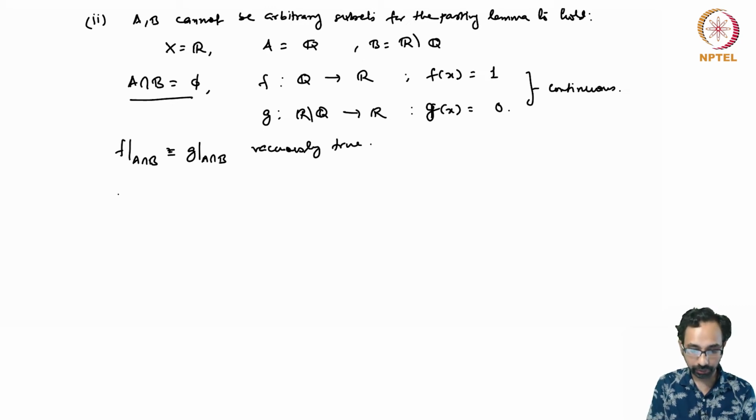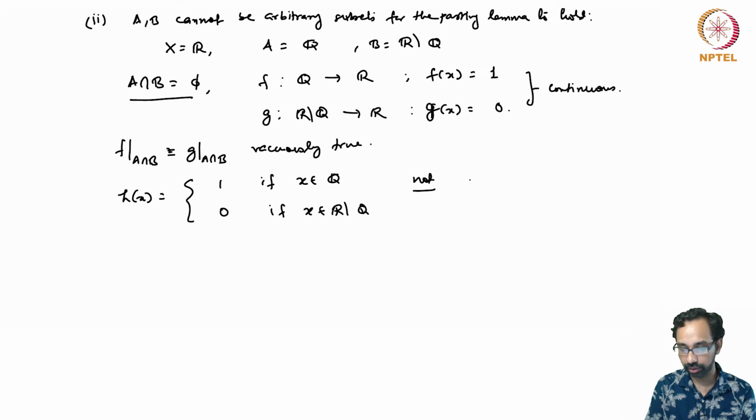And so if you define h(x) to be 1 if x belongs to Q, and 0 if x belongs to R minus Q, then this is not a continuous function. Why is this?